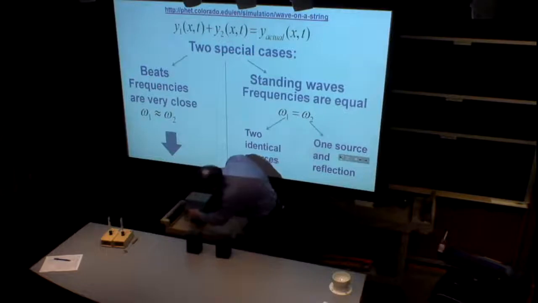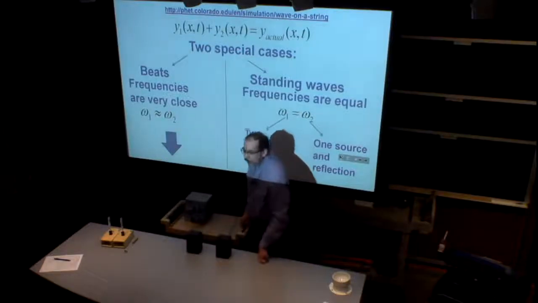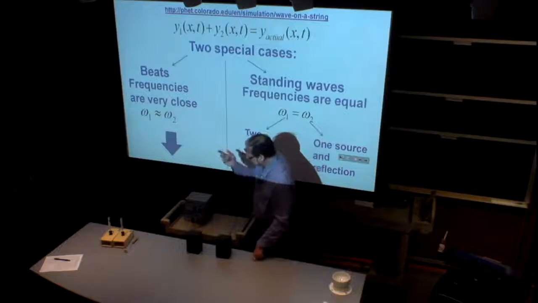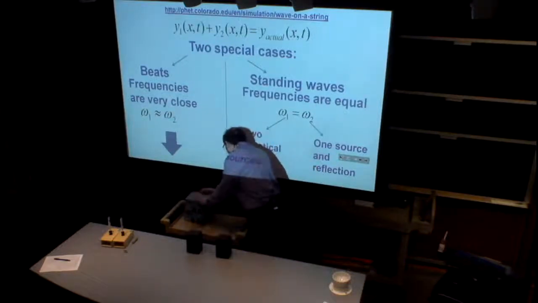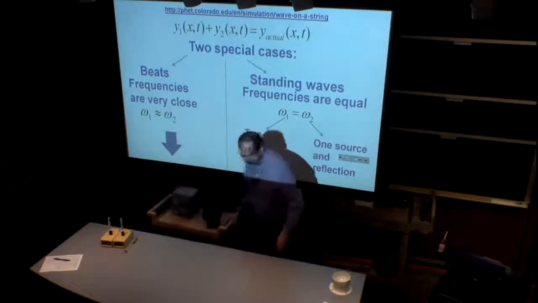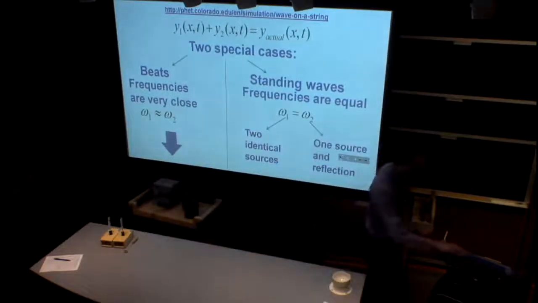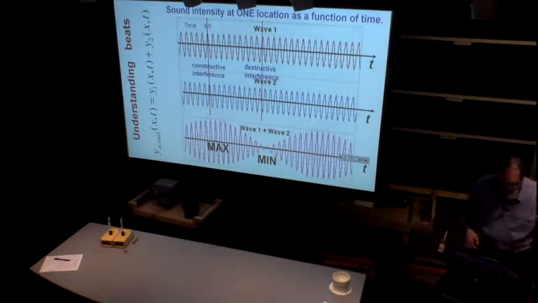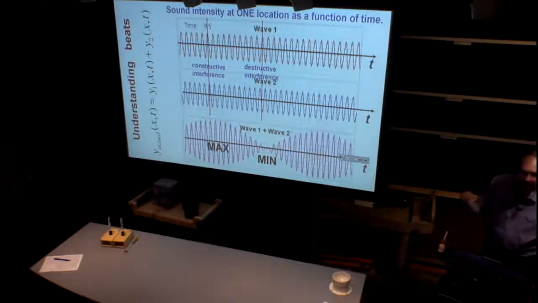And I can change the difference, make it larger. And now the period decreases, the frequency of the beats increases. And it's actually not very complicated to prove the fact that the beat frequency is just equal to the difference between individual frequencies. This picture represents the physics of that.